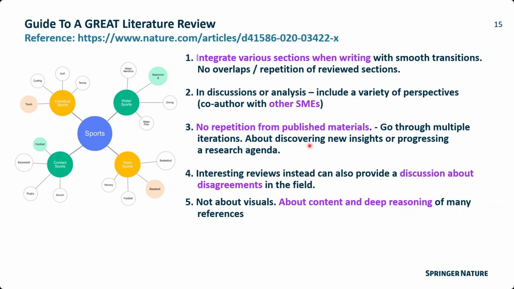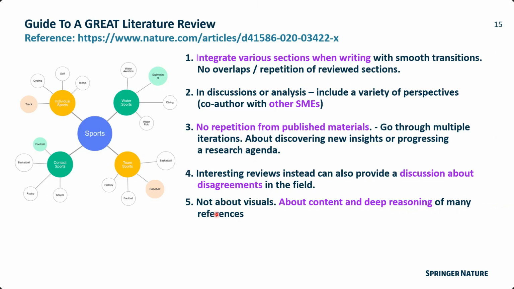Thirdly, avoid repetition. Literature review is about also discovering new insights and showing to the reader why you are progressing the research agenda, why you are creating something new. And it's about also disagreements. Let's say you find another source that is not aligned with your work, you can still use it. You just need to justify what that author has mentioned, and show your defense.